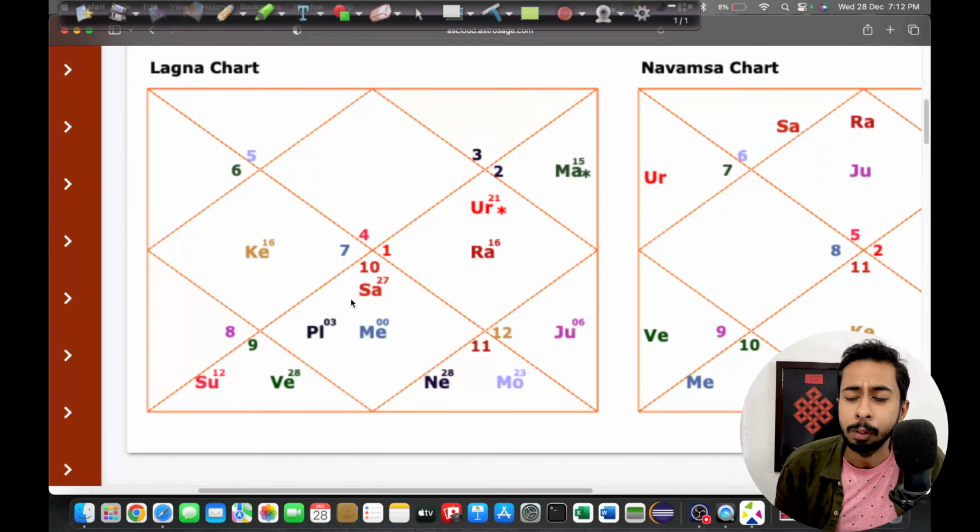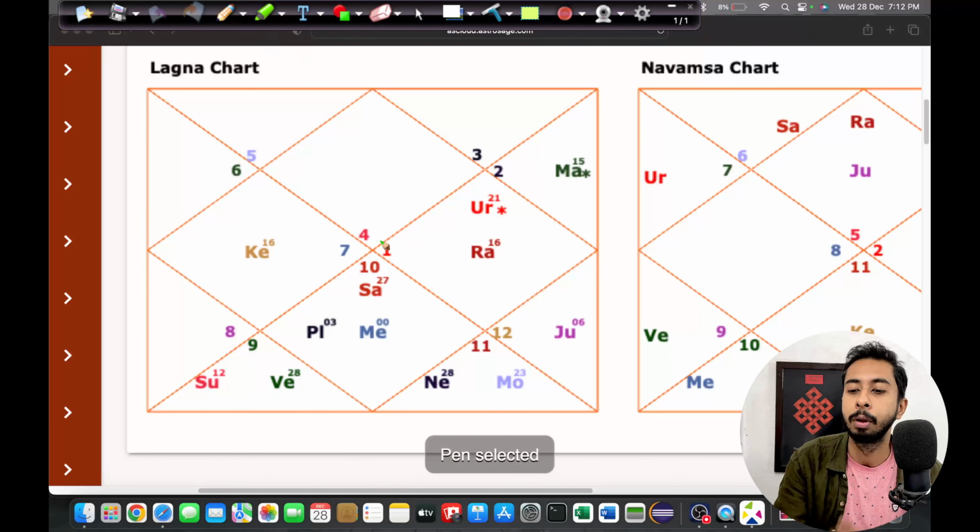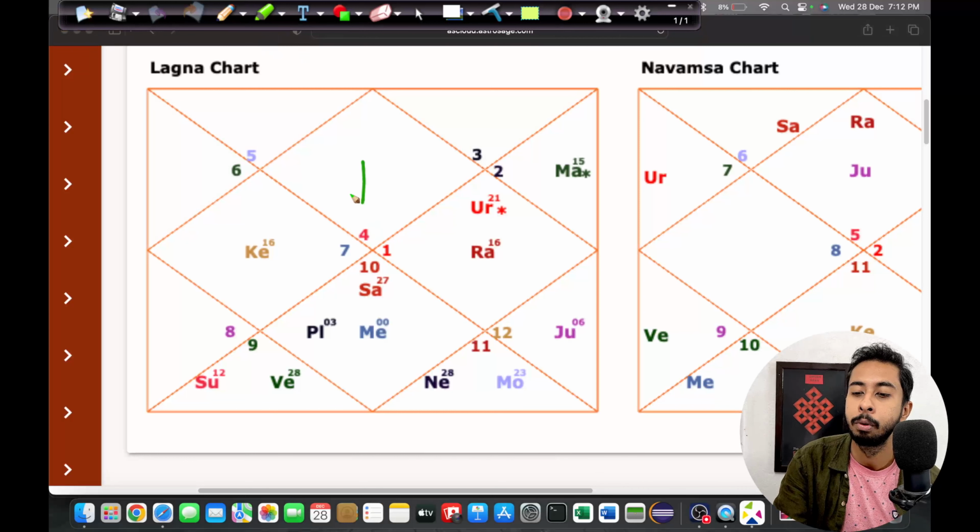See, I talked about the houses, right? Here you will see, I think you can follow the cursor, right? So I'll just use a pen. This particular house is house number 1. Forget about the numbers for now.